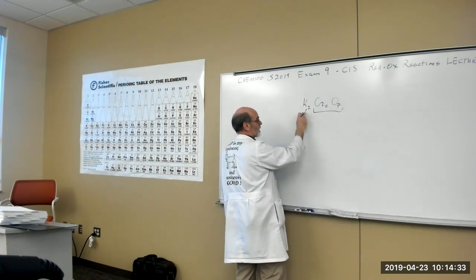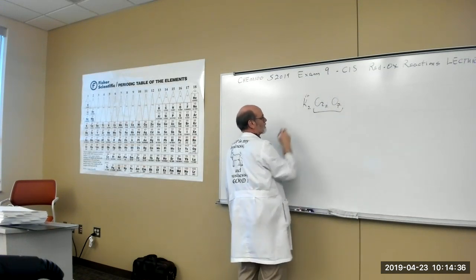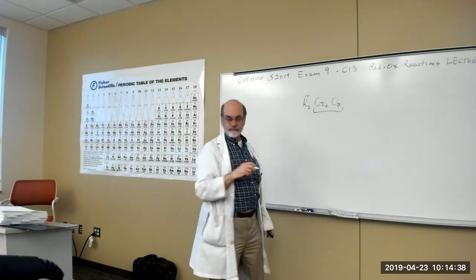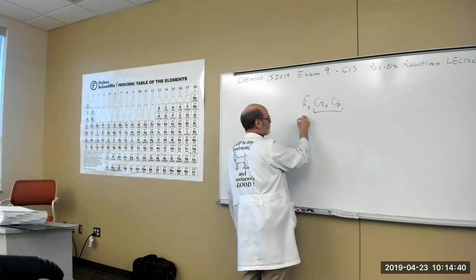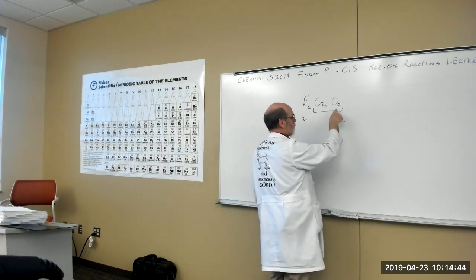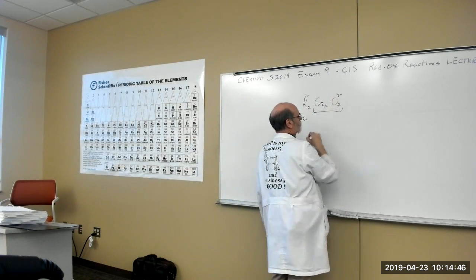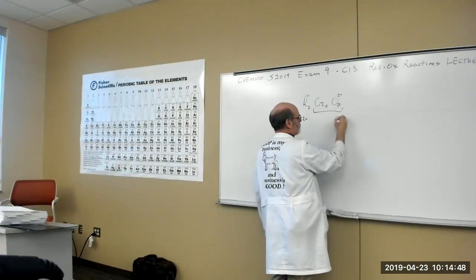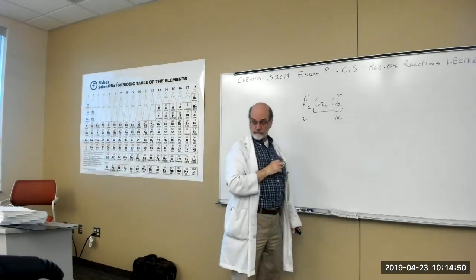This is an alkali metal, so it has to be 1+. So 2 of those are 2+. Oxygen is always 2-, so that means 14- total.